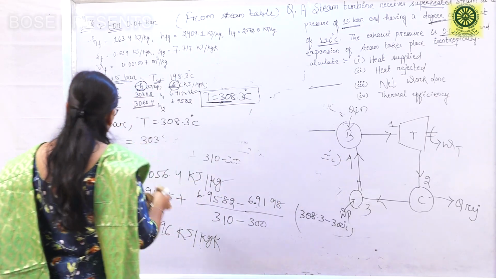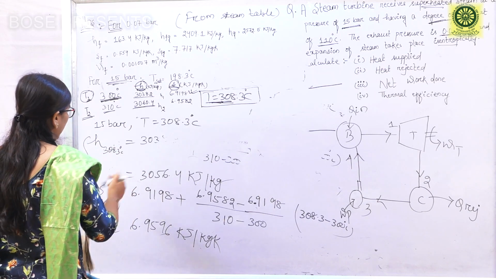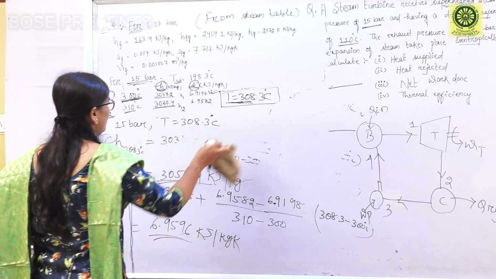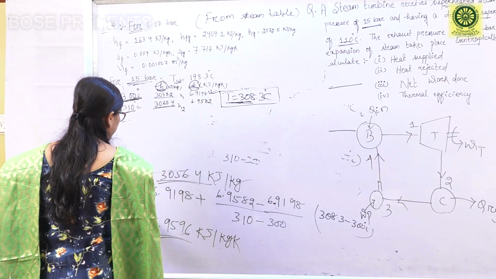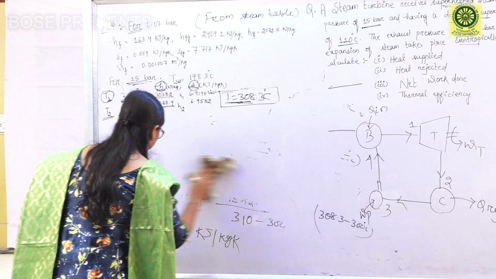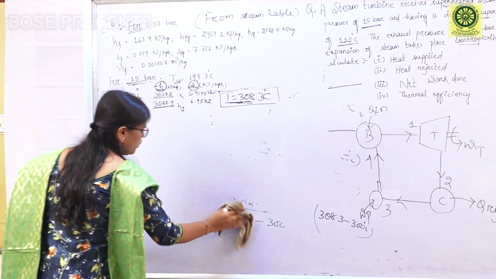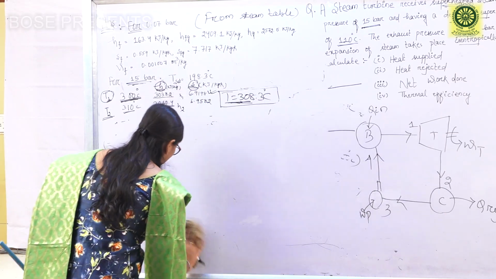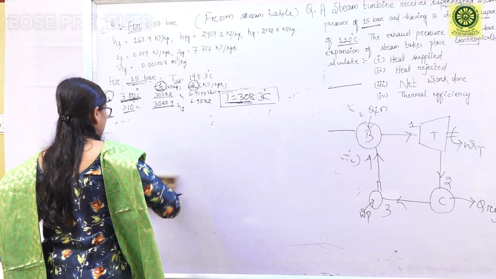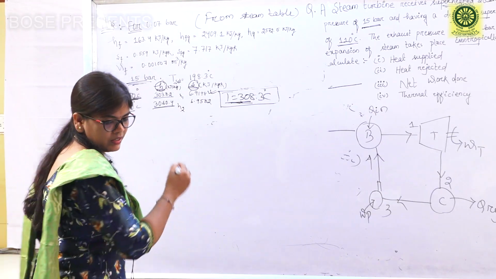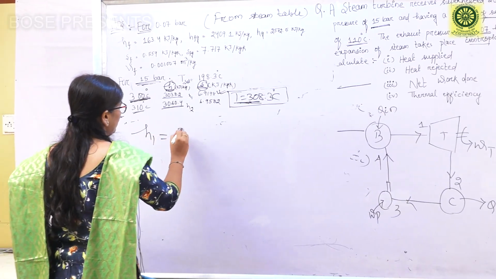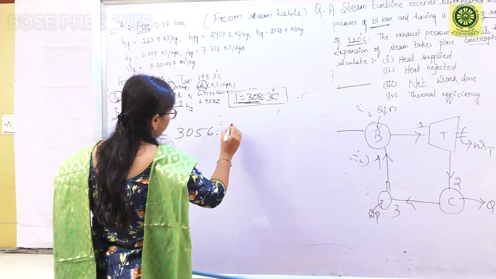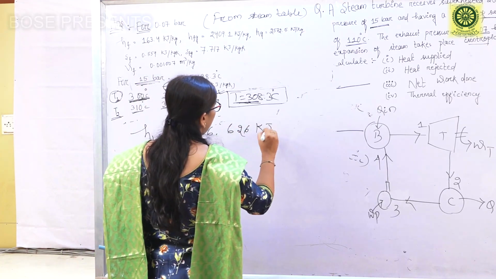So this is your interpolation, and by using the interpolation method I have found out the H1 value and S1 value. Let me write it down clearly. First you calculate these things. In this small space I can't write everything in detail, that's why I have to work it out. H1 is how much? I have calculated and I found 3056.626 kilojoule per kg.